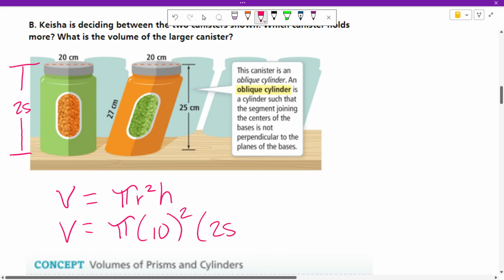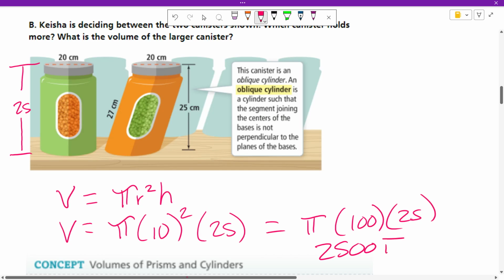My height is 25. If it tells you to put it in terms of pi, do not press your pi button. Some of the problems will say, state the volume in terms of pi. So this is still pi. This becomes 100. This becomes 25. So it's 2,500 pi. And that's how you leave your answer.